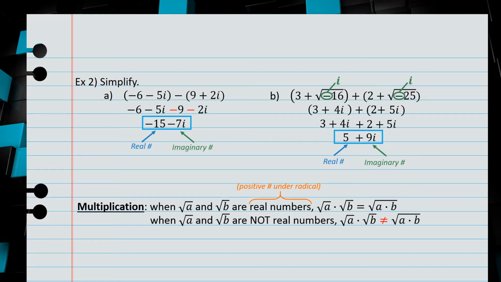Now the second statement says when square root a and square root b are not real numbers. Well, when do we encounter not real numbers? Well, that's when we have negative numbers under the radical. So if you have negative numbers under the radical, you cannot join those radicals together until you deal with the negatives. Let's look at an example.